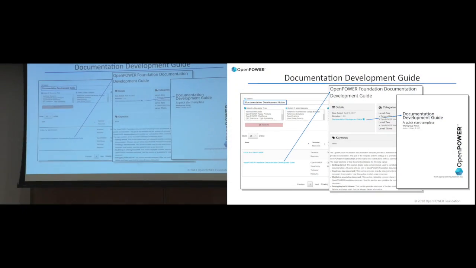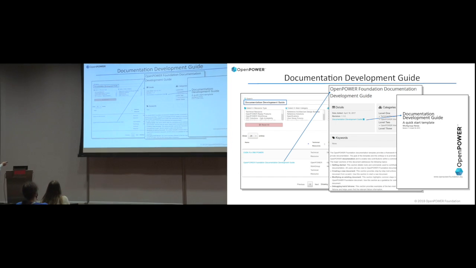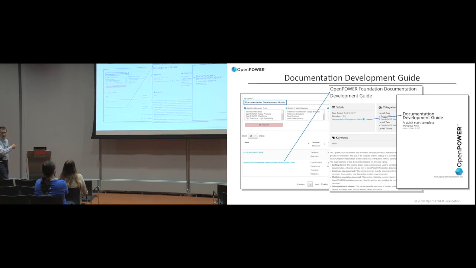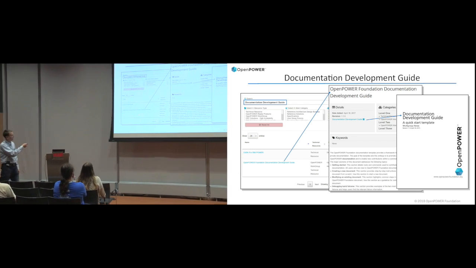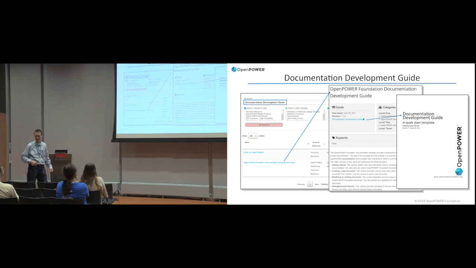To get there, you go to that search window, you type in Documentation Development Guide, and you get a list that gets dynamically built at the bottom for you. Think Hadoop search underneath the covers, as you're typing in your information. You click on that, you get a landing page for the document that describes what's going on in it. It categorizes it for you and gives you a link to the documentation environment, whatever document it is.